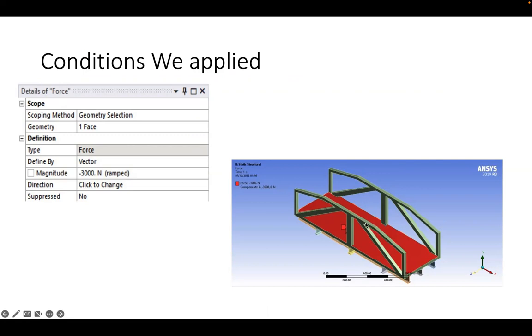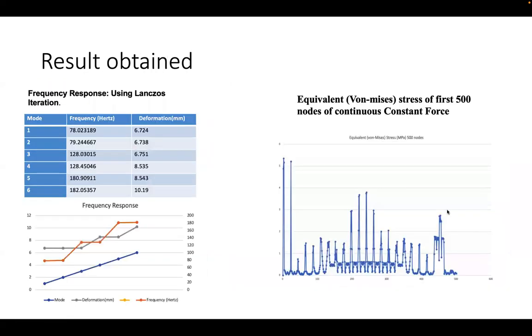We applied a perpendicular force of 3000 Newton on the bridge, and we found a deformation and some equivalent stress. In the next slide, these are the graphs obtained from the results.